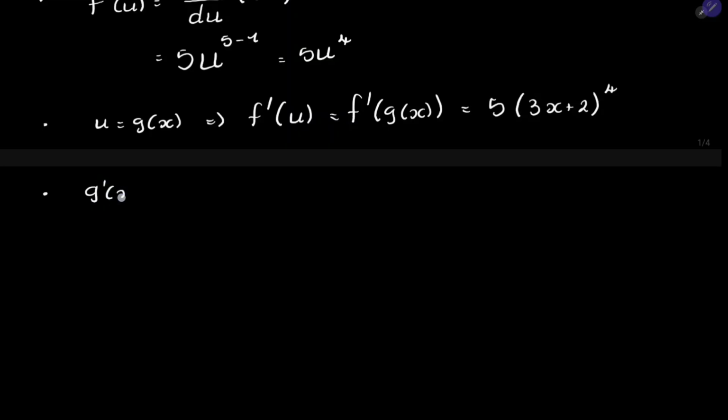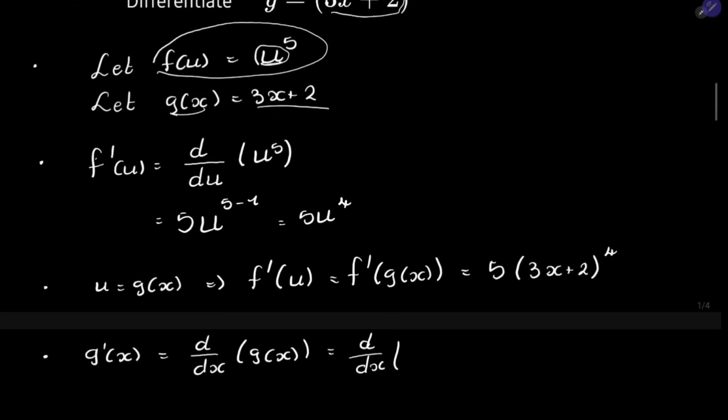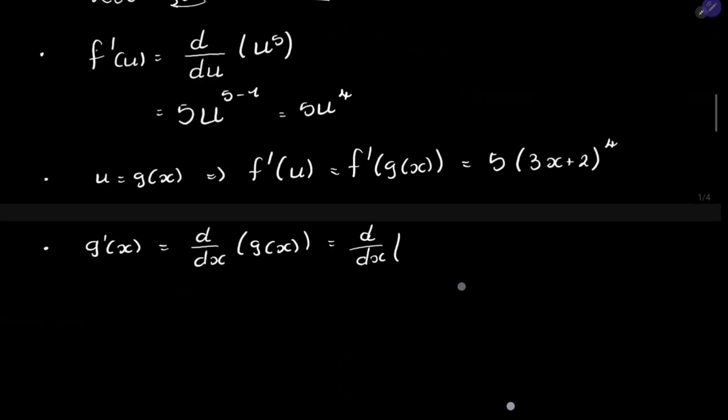g prime of x, which is the same as the derivative with respect to x of g of x, is equal to the derivative with respect to x of, what is our g of x? 3x plus 2. Of 3x plus 2, which is the same as 3 times the derivative with respect to x of x, plus the derivative with respect to x of 2.